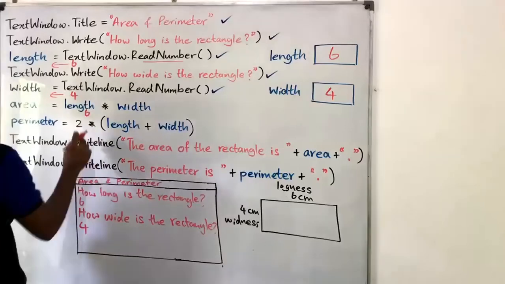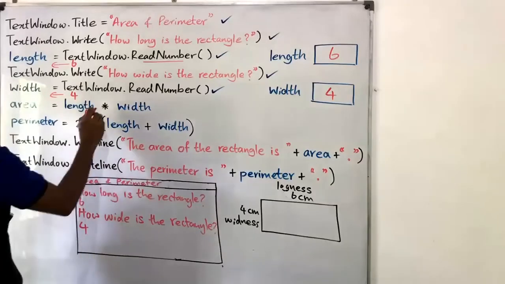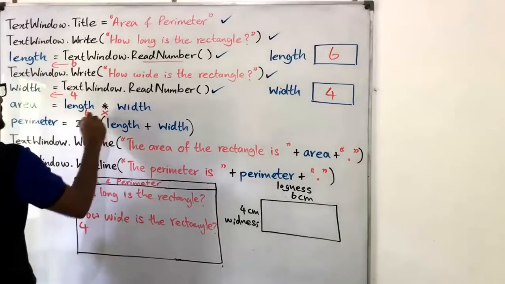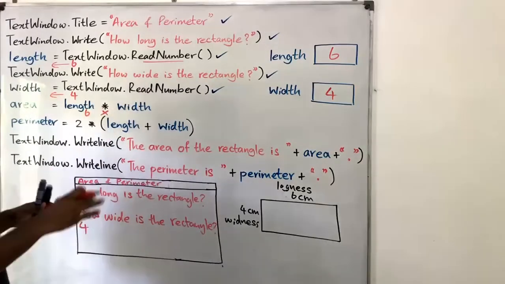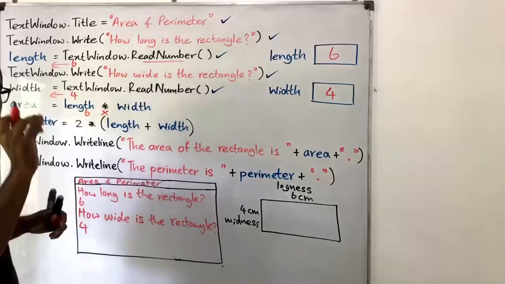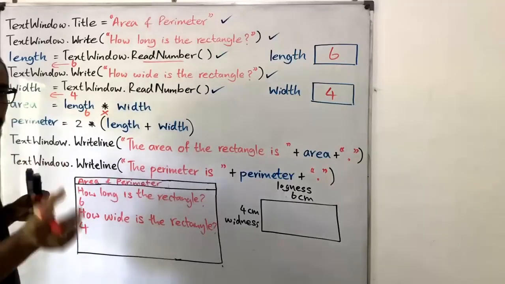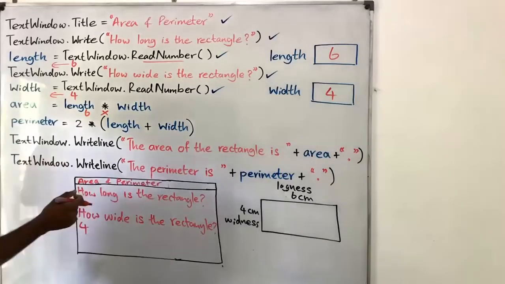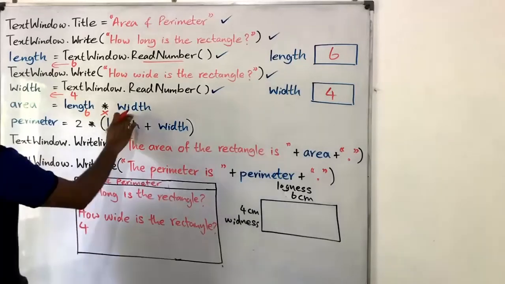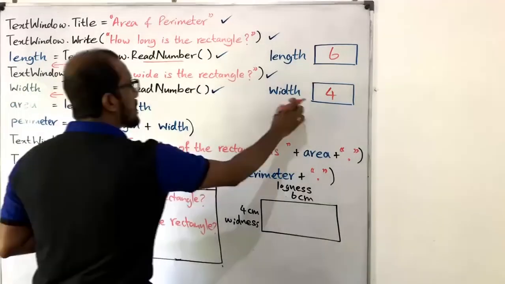Here the star mark means multiplication. In the keyboard, instead of the cross symbol, we use the star mark to indicate the multiplication operation. So here width: the value under the variable name width will be taken to here.